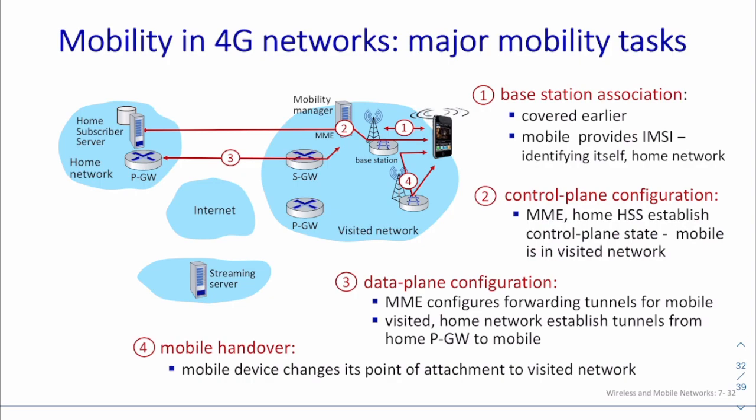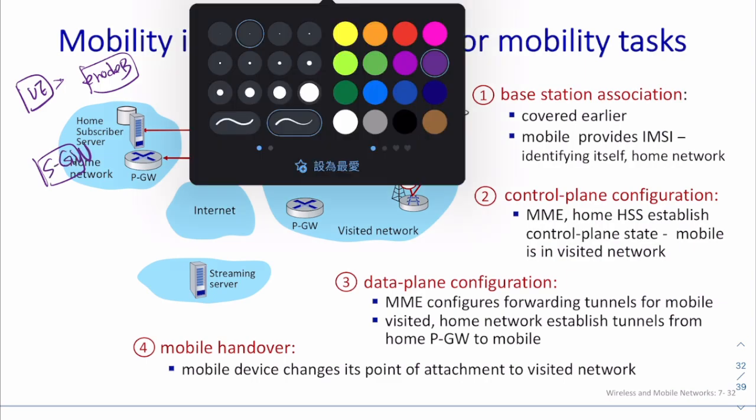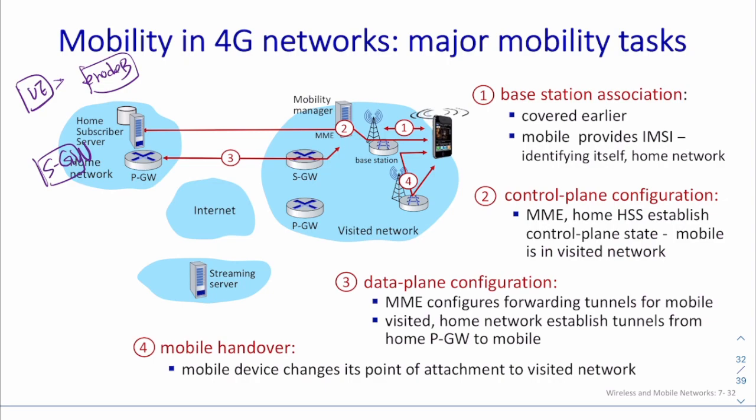So originally, when you are at your home, there is the UE, then the eNodeB, and then the S gateway. There is wireless communication right here, and there will be one tunnel between here and here, two tunnels in total. But when you do roaming, there should be the S gateway right here.